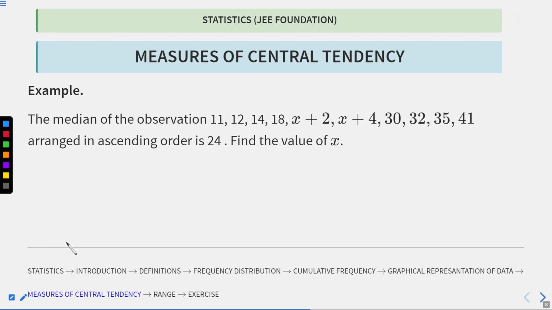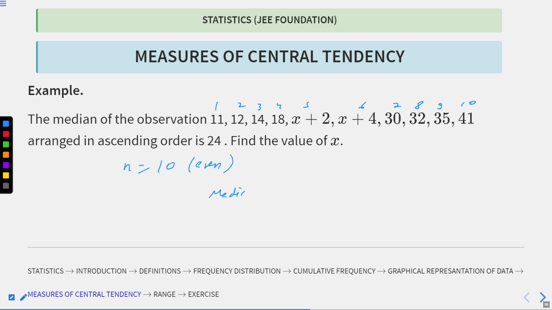Let's move next. In this example, the data is already ordered in increasing order. The number of observations is 1, 2, 3, 4, 5, 6, 7, 8, 9, 10. So the number of observations is 10, which is even. To find the median, we have the formula.